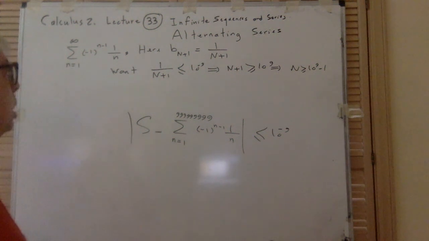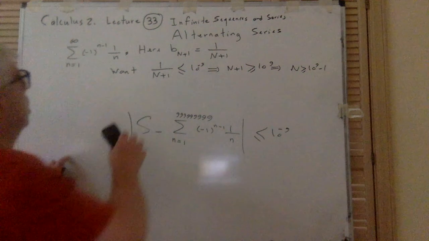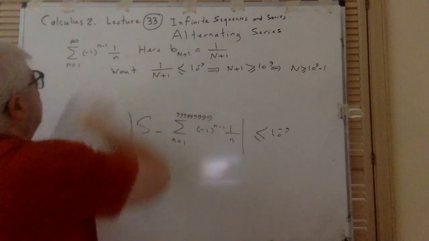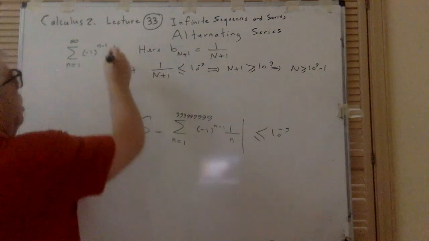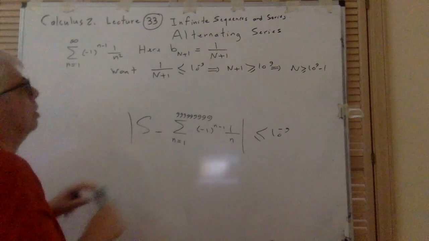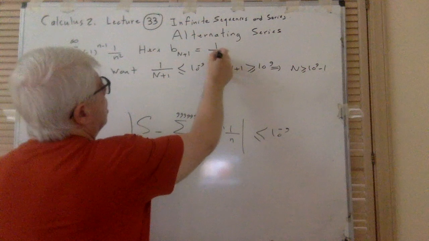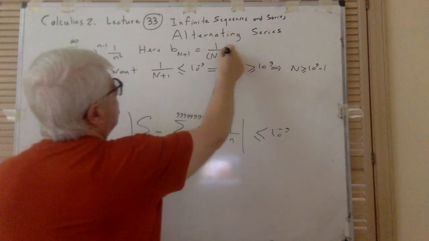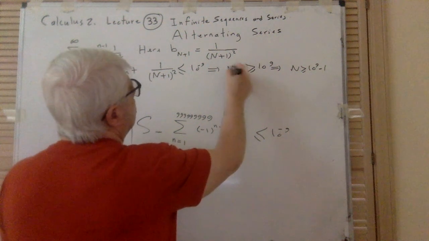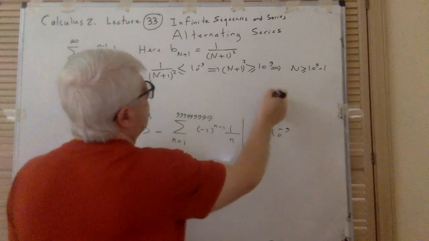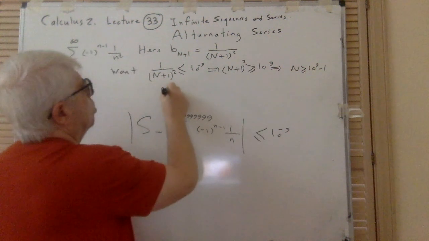So let's check another one. Let's check 1 over n to the power, say 2, okay? Just one extra. Then this is n plus 1 squared. Then this n plus 1 squared being bigger than this gives me n plus 1.